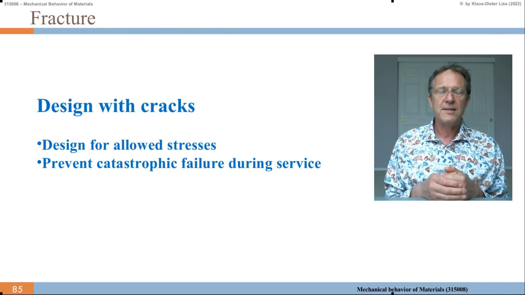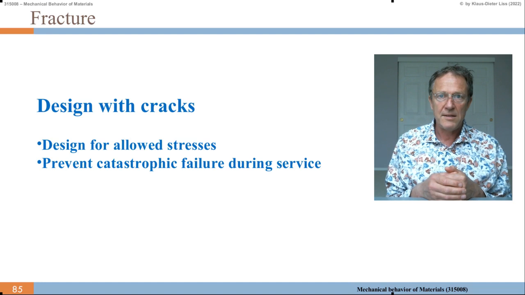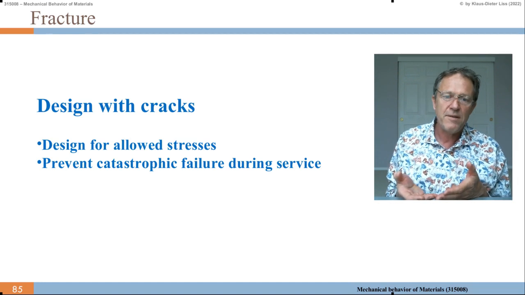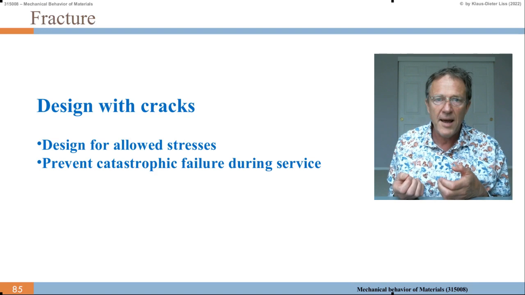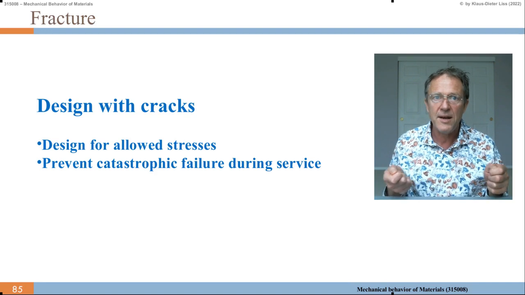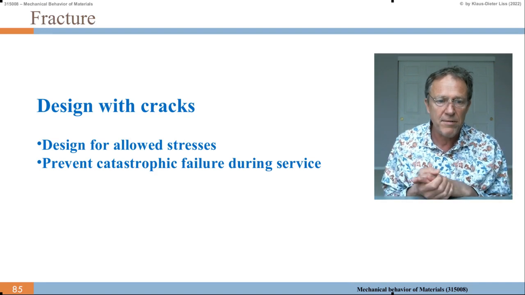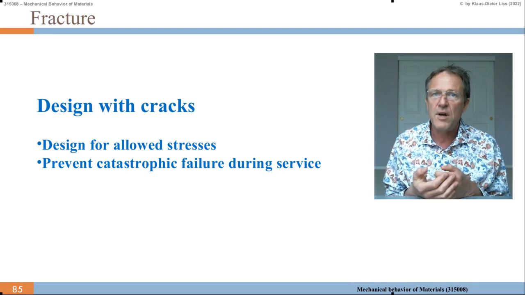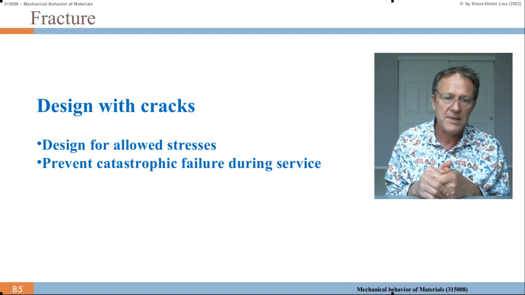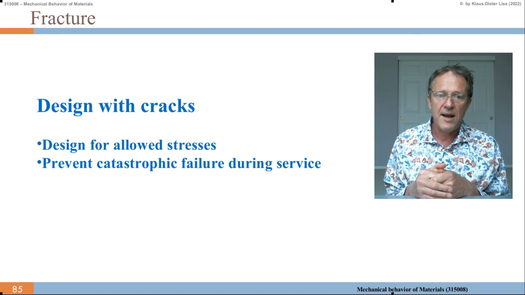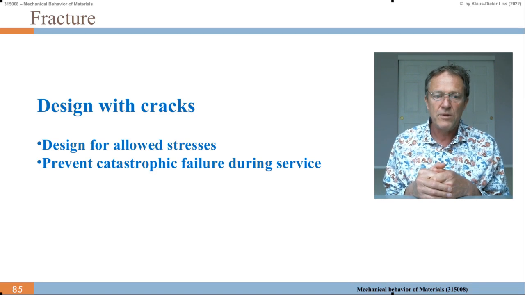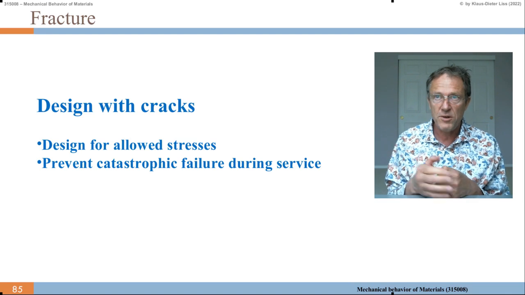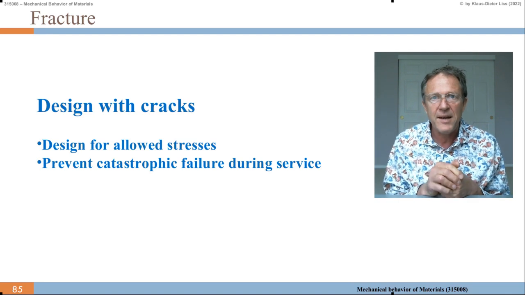Last not least, I want to mention that in engineering you have to design the workpiece with cracks. So an airplane has cracks, a car has cracks, a train has cracks, everything has cracks already. So you have to design with cracks, because you know there are always inclusions, there's always something, and you have to design for allowed stresses to prevent catastrophic failure during the service. That's why you check the car, and that's why you check the airplane.